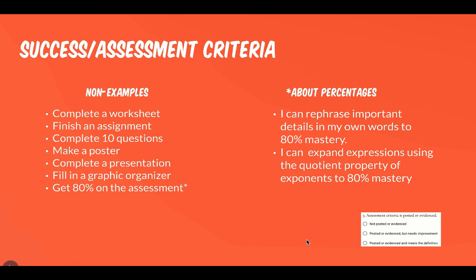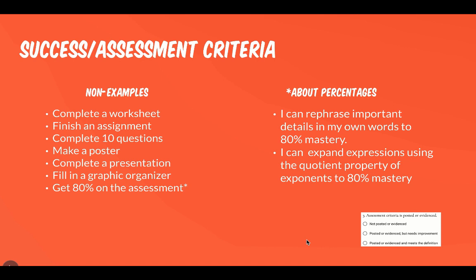Notice the last one here has an asterisk beside it because currently Fayette County Public Schools is using the term assessment criteria, and the word assessment for many implies a quantitative measure. So, as long as Fayette County uses the term assessment criteria instead of success criteria, the examples on the right should be okay.